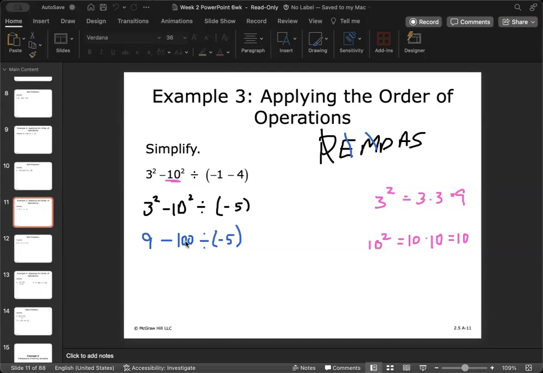So when we do the division here, we're going to treat it as -100 divided by -5. Negative divided by negative turns to positive. 100 divided by 5 is 20. So that was the key there, that was the catch, doing this negative and this negative in the division step. And then we simplify this and we get down to 29.